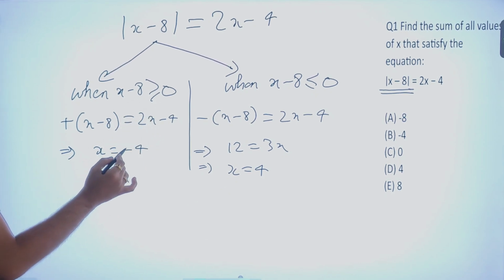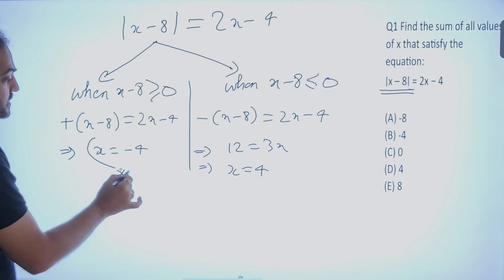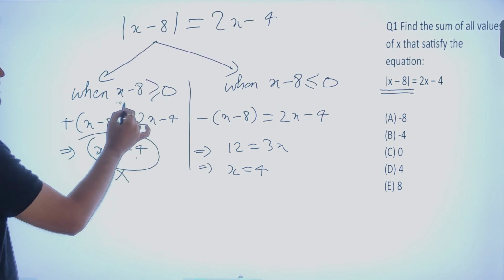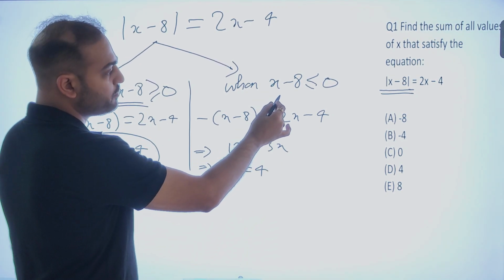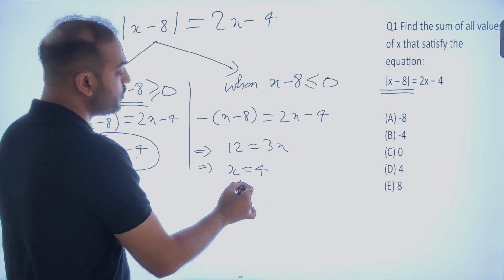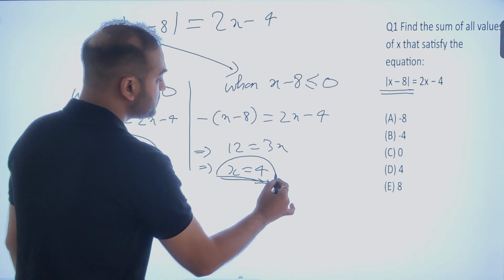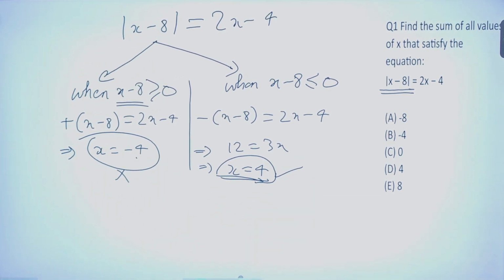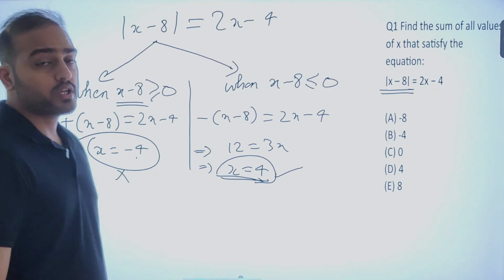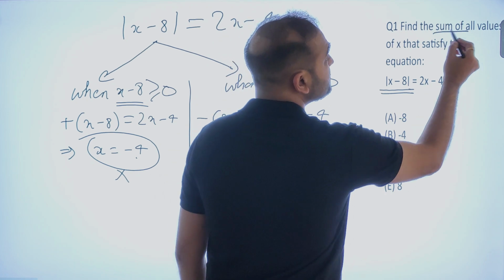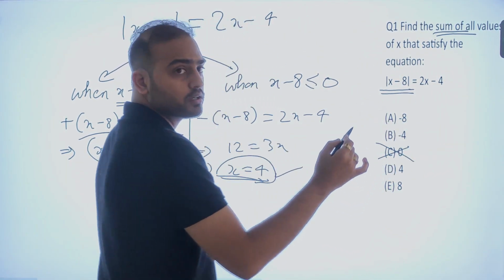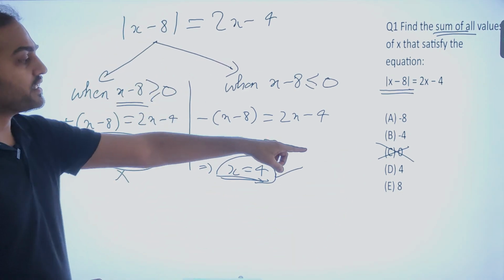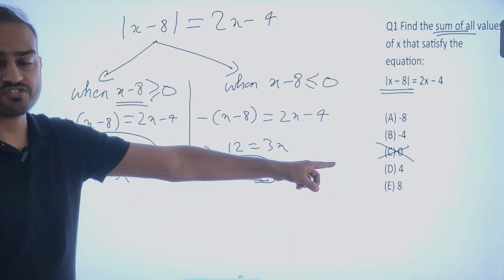This is rejected, because minus 4 does not satisfy the condition. x equal to 4, if I put 4 minus 8 less than 0, yes, this satisfies the condition. So this is accepted. Now if you read the question, sum of all values, do not rush and say the answer is 0 because minus 4 plus 4 is 0.